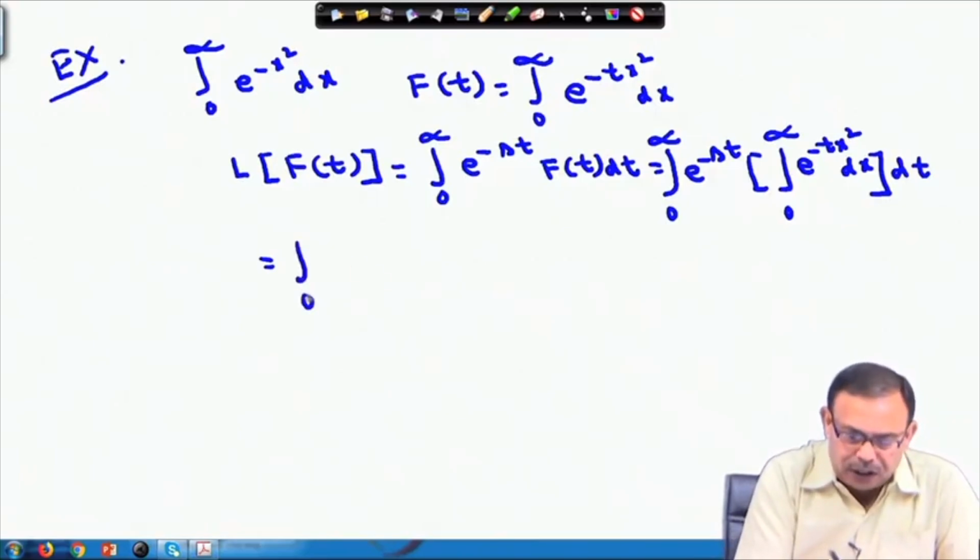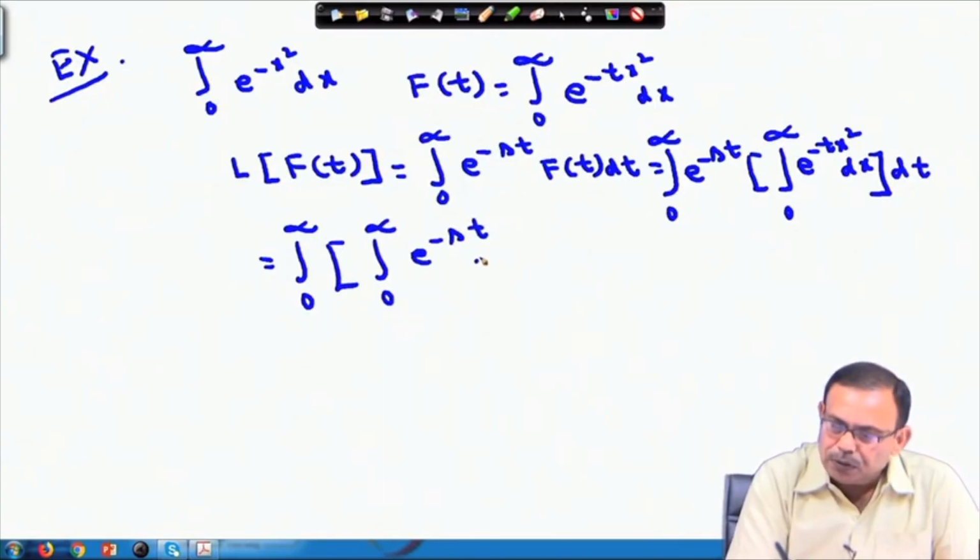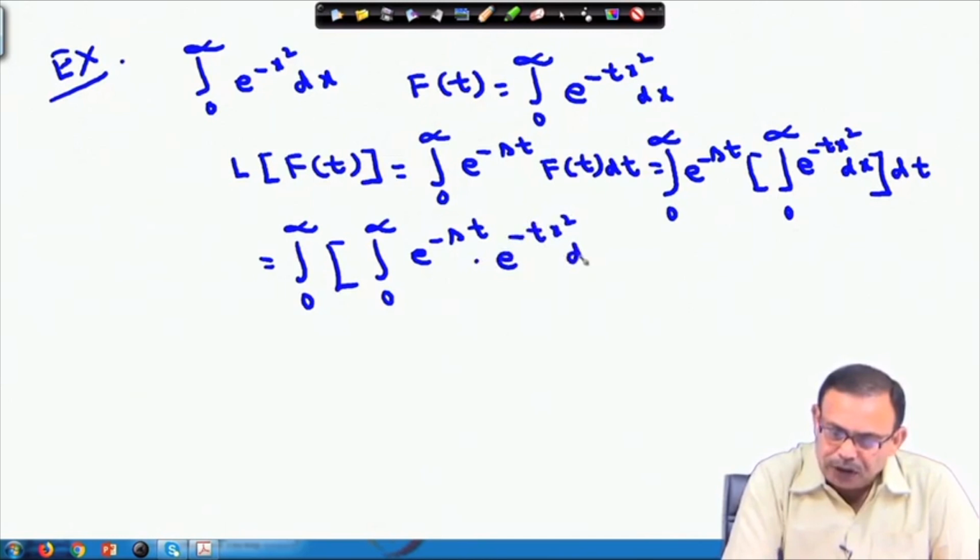So I write the integral from 0 to infinity, of the integral from 0 to infinity of e to the power minus s t into e to the power minus t x square dt, into dx.